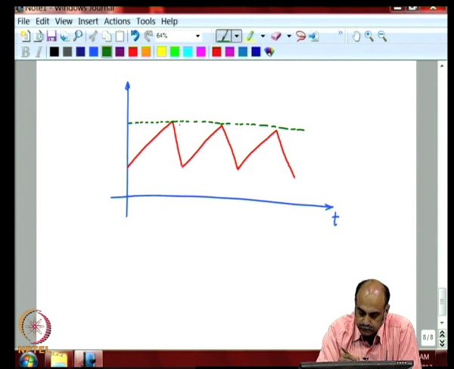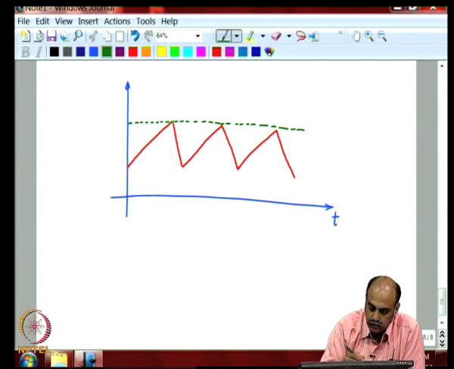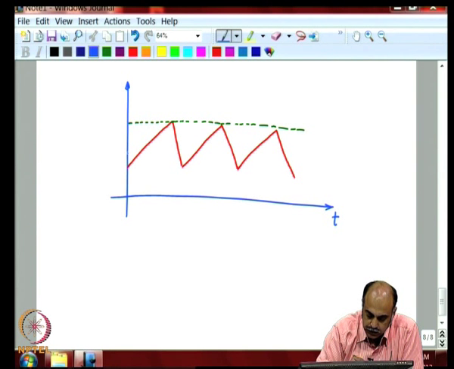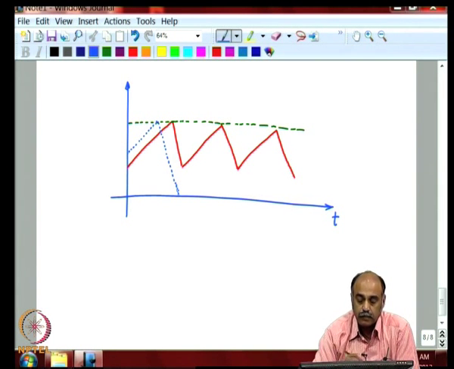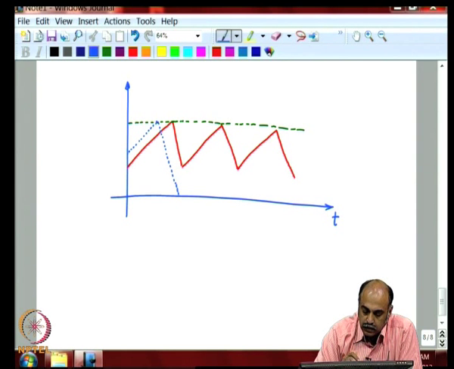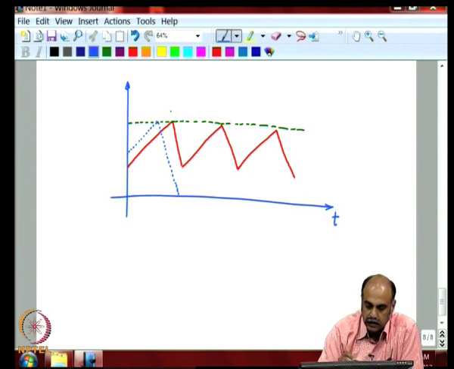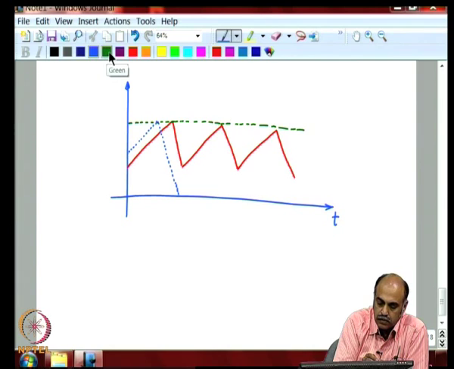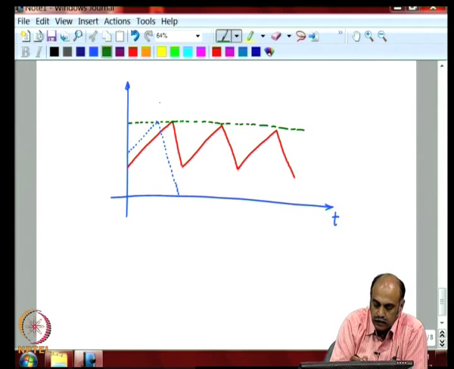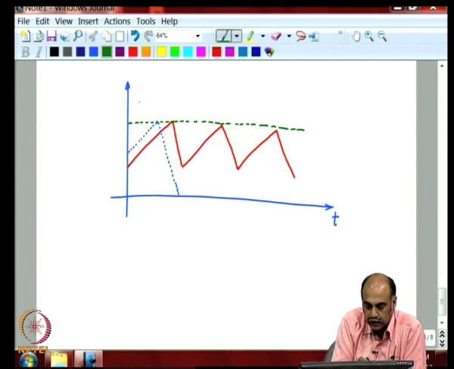Now, assume that we have the perturbed signal which goes in this fashion. Now, what would happen if the reference itself was having a slope like this?